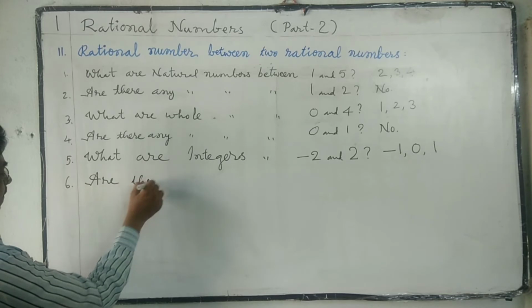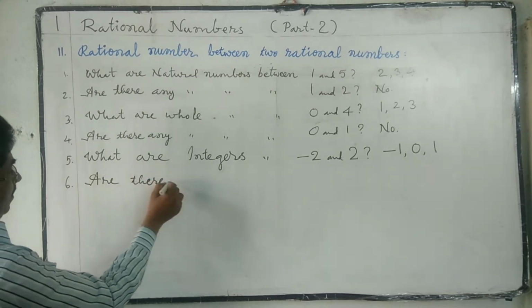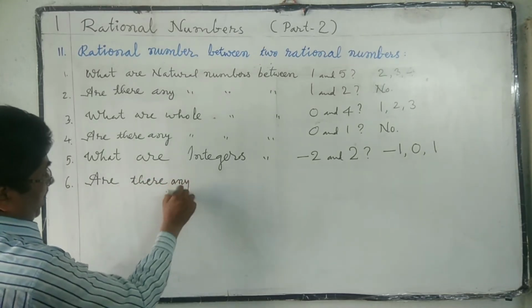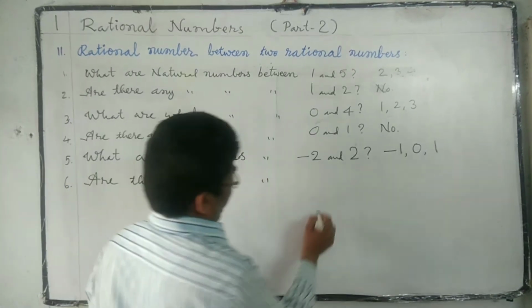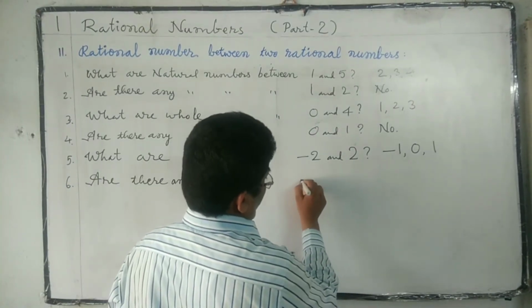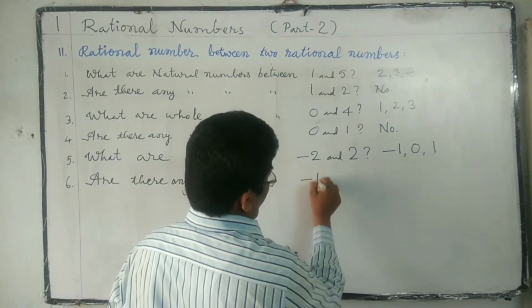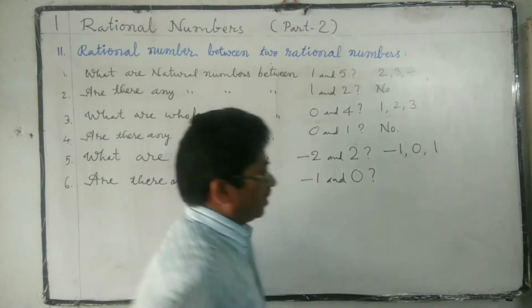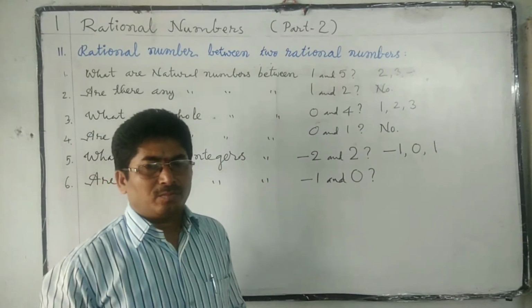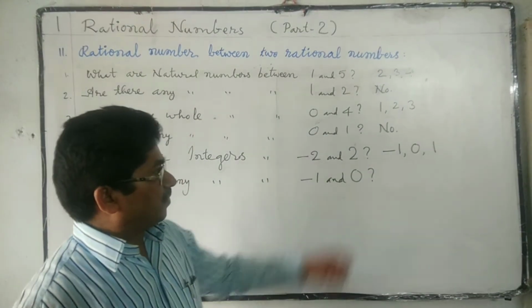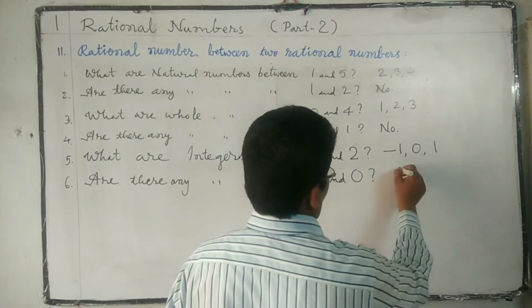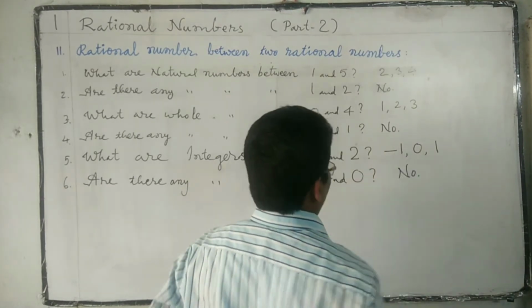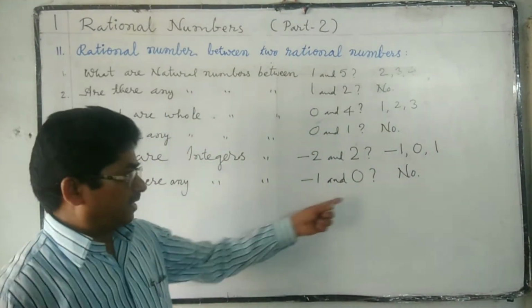Are there any integers between -1 and 0? No. No integers between -1 and 0.